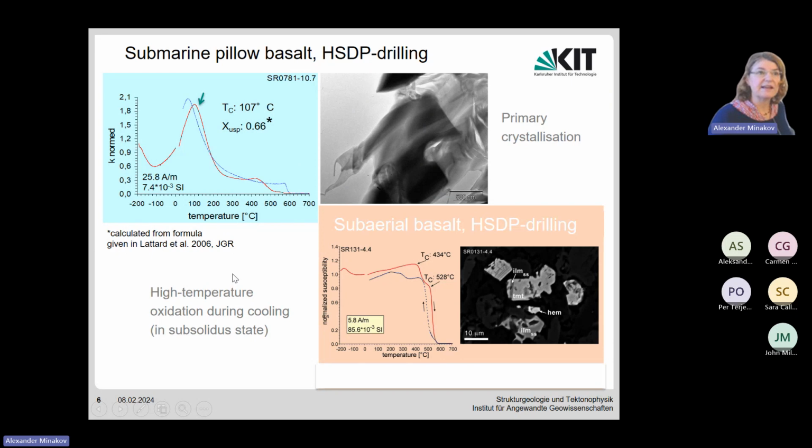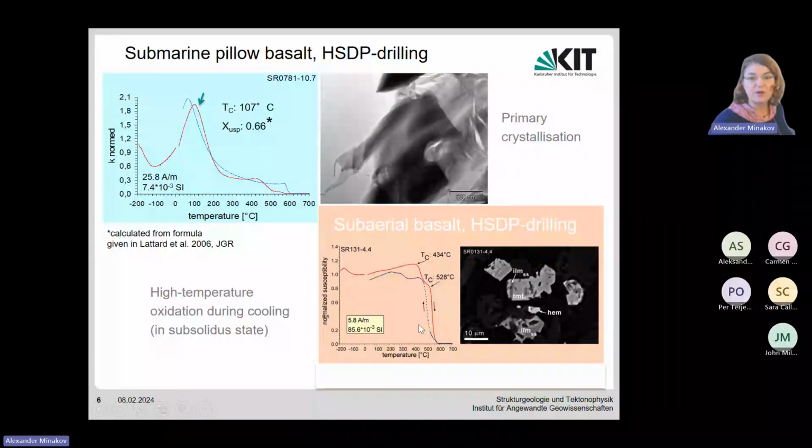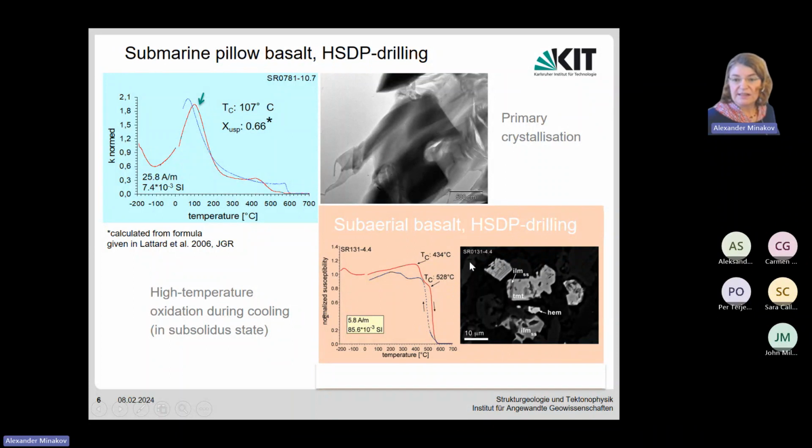But you also can see, especially in lava flows, in subaerial basalts, this high temperature exsolution. As you see here, these titanomagnetites are not homogeneous, and you also see it in their magnetic properties, because now you have ilmenite plus titanomagnetite with a much lower titanium composition, and therefore you get much higher Curie temperatures.